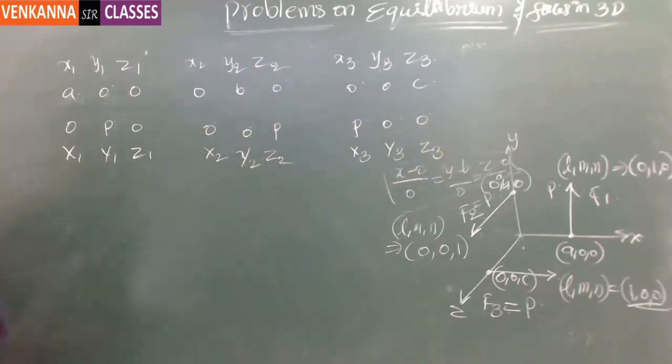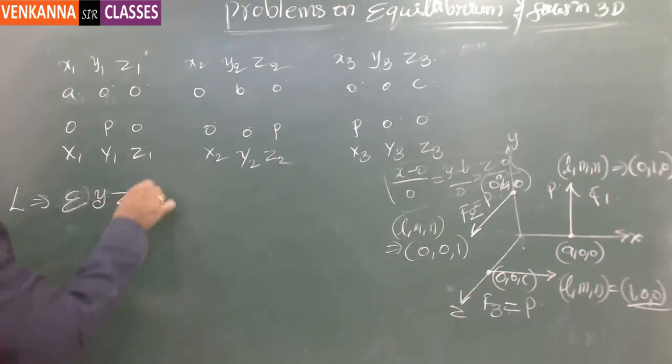Now we can find the value of L, as L = AD minus BC, that is sigma of (yZ minus zY).